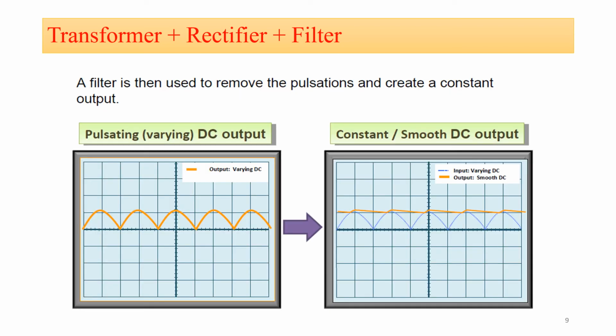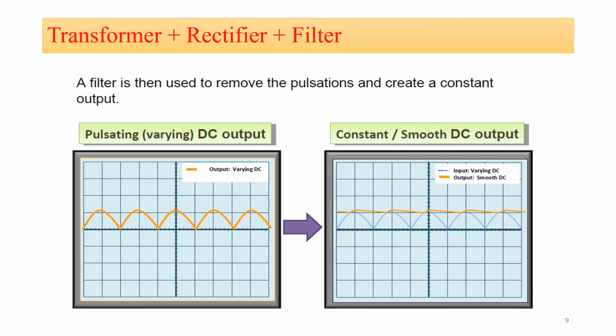Now let's see the waveform of the transformer plus rectifier plus filter. The first picture indicates the output of your rectifier, that is it is conducting for both the cycles, meaning you are getting output for the positive half cycle and also for the negative half cycle. If you observe the second picture, the blue color waveform indicates the output of your rectifier, while the orange color waveform indicates the output of your filter.